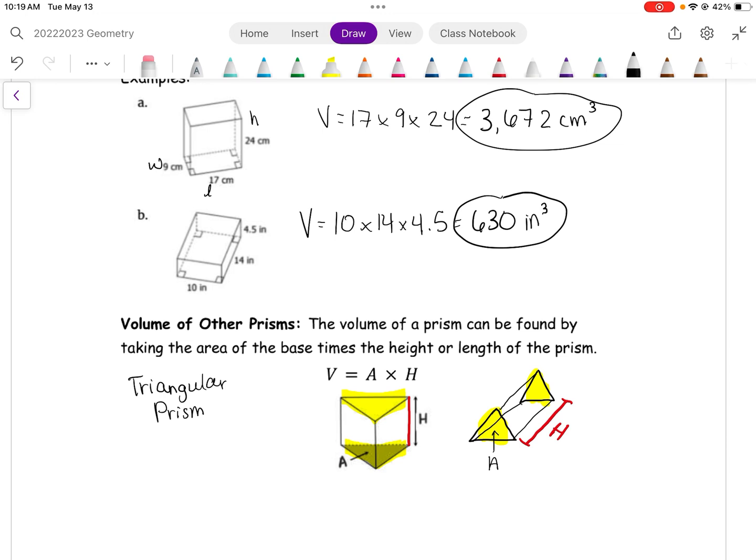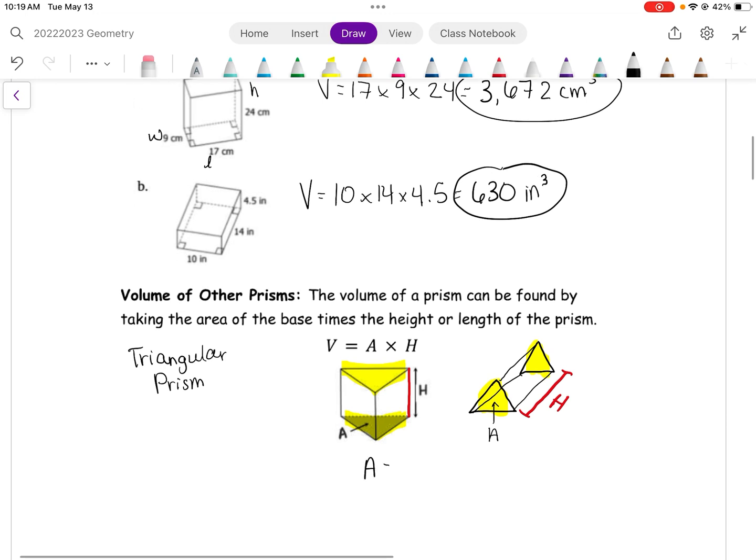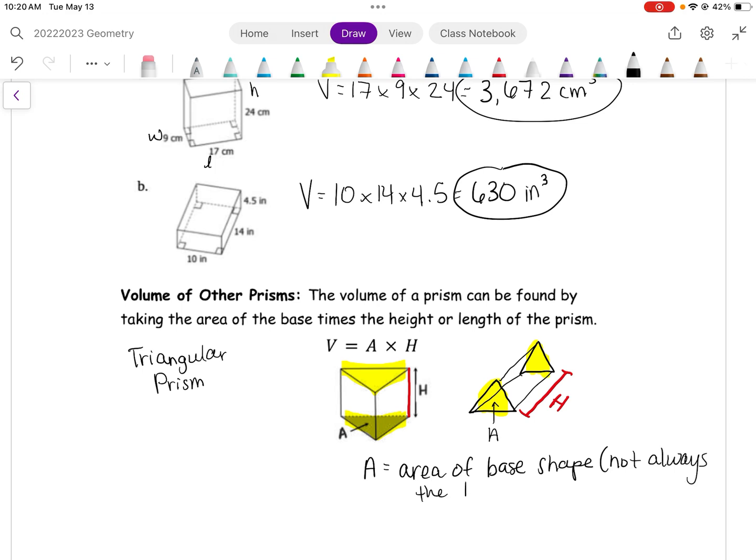Okay. So just to reemphasize, write this down with me and you can pause. A means area of base shape, which is not always the bottom. And then the height, again, it's not always up and down.